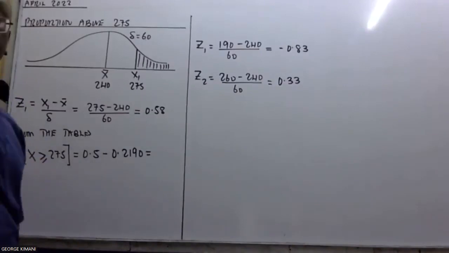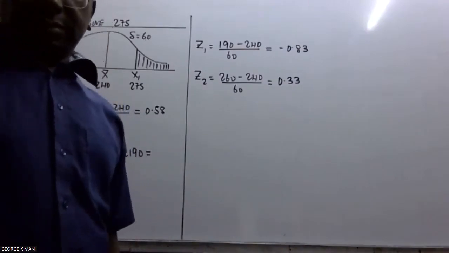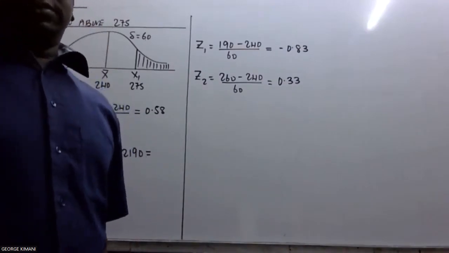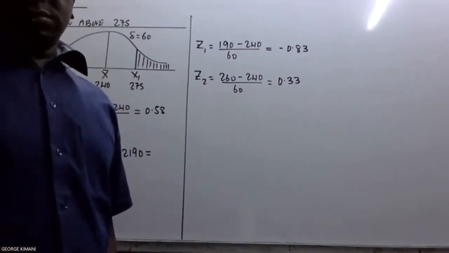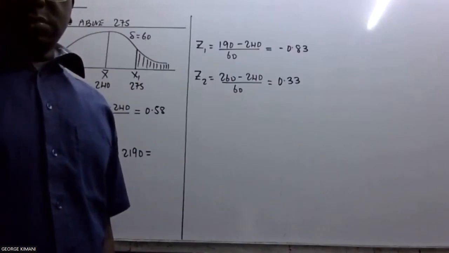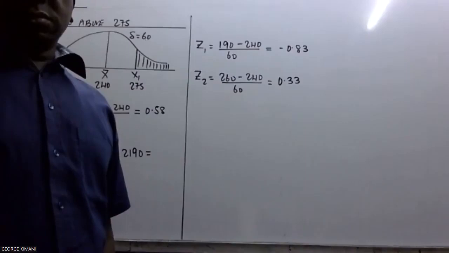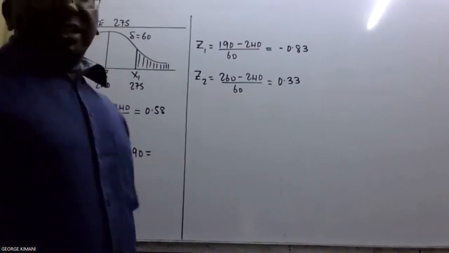What is the final answer when you read from the tables and you add? I'm waiting for the final answer.